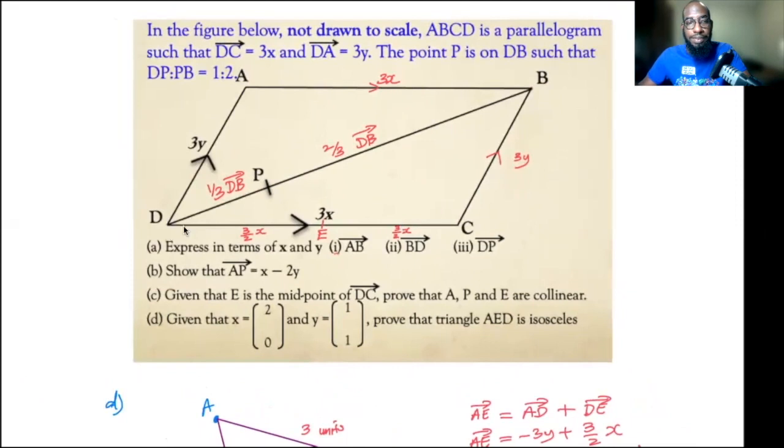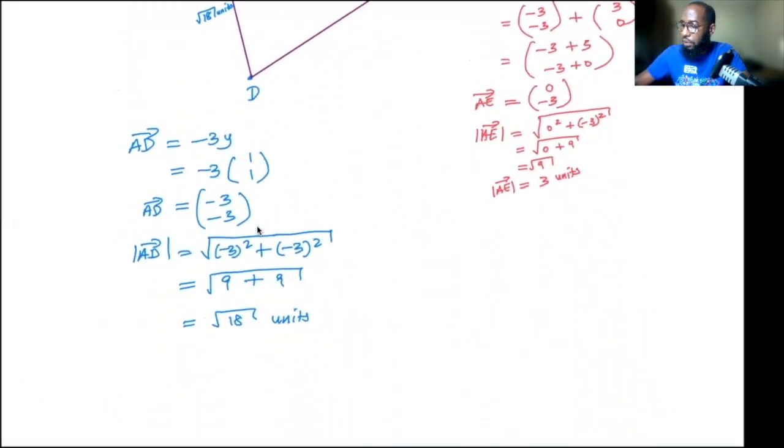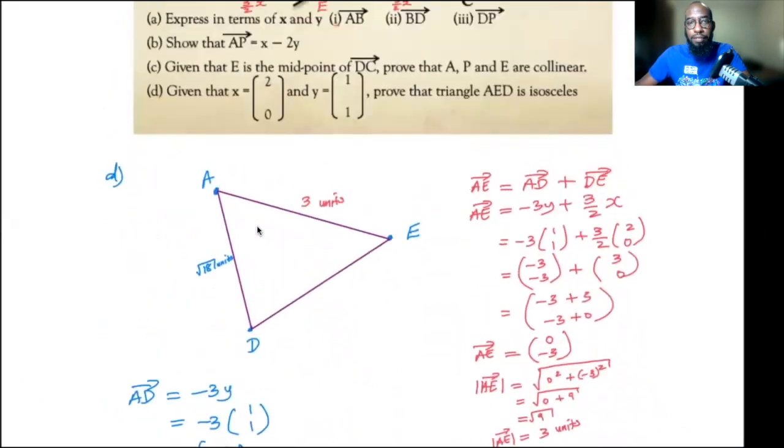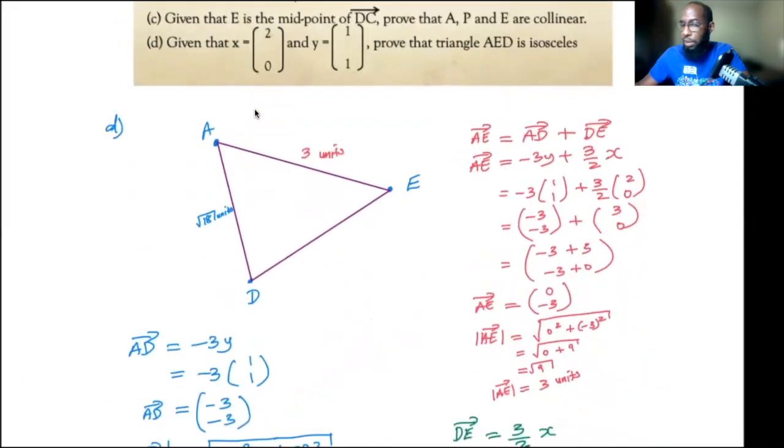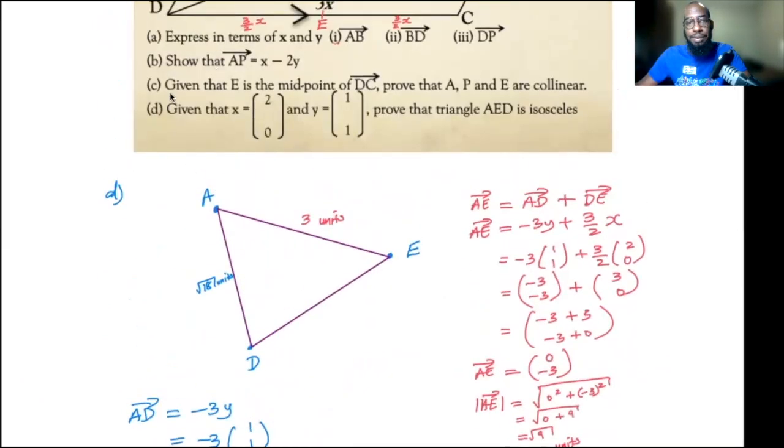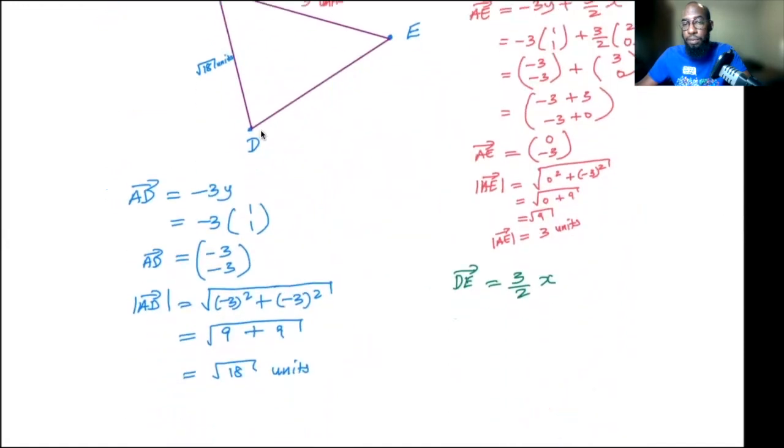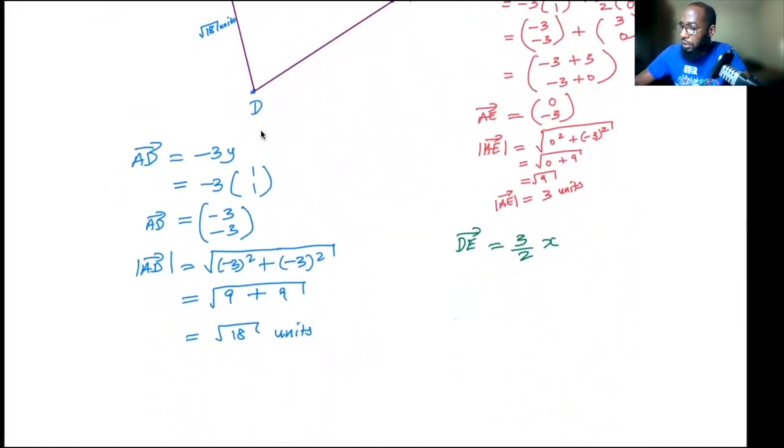So we know DE is equal to 3 over 2x. You get that straight from the diagram. And x is equal to 2, 0. So this is equal to 3 over 2 times 2, 0. When you multiply 3 over 2 by 2, we get 3, and 3 over 2 by 0, we get 0.